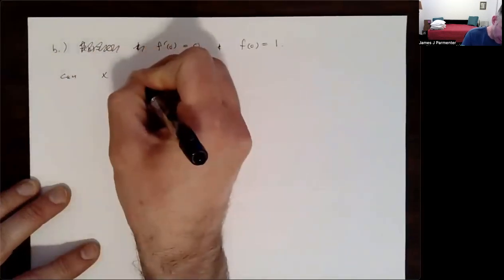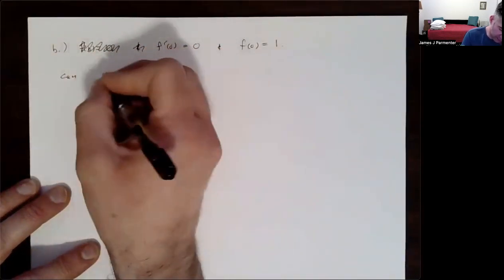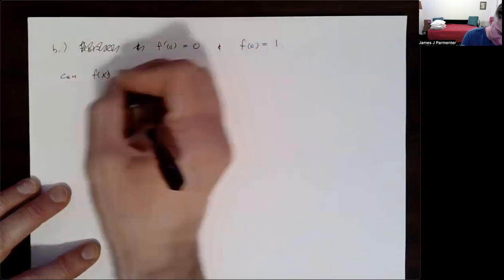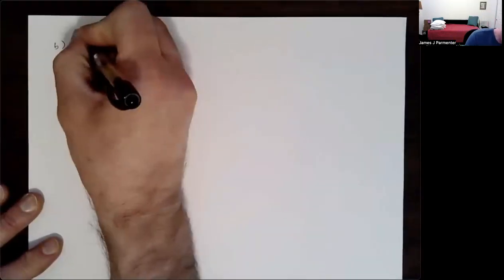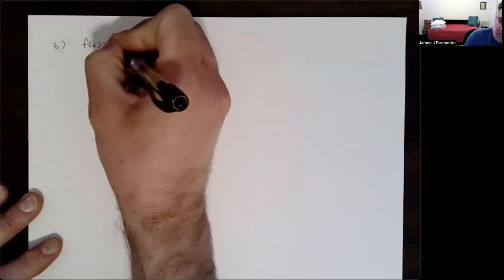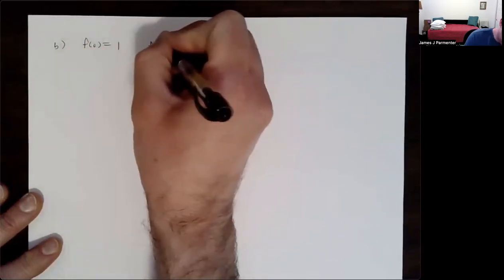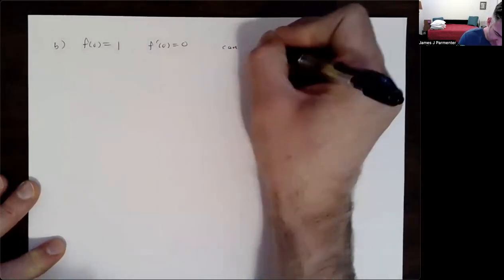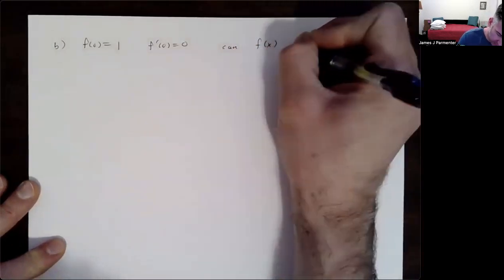Can the function not have, geez, can I write the words? Let me just write it. Let's try this again, sorry. So b, f of 0 equals 1, f prime of 0 equals 0. Can f not have an x-intercept?